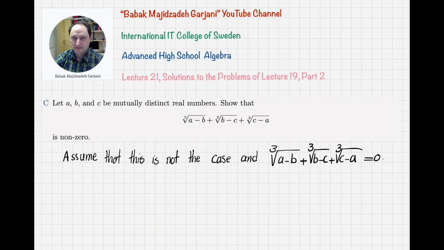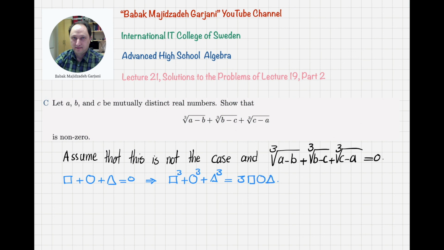Do you remember we had an identity in one of the lectures about algebraic identities? I told you that if I have something in the box added to something in the circle and something in the triangle, so three numbers, and the sum of the three numbers is equal to 0, we can conclude that the third power of the first one plus the third power of the second one plus the third power of the last one is equal to 3 times the product of these three expressions.